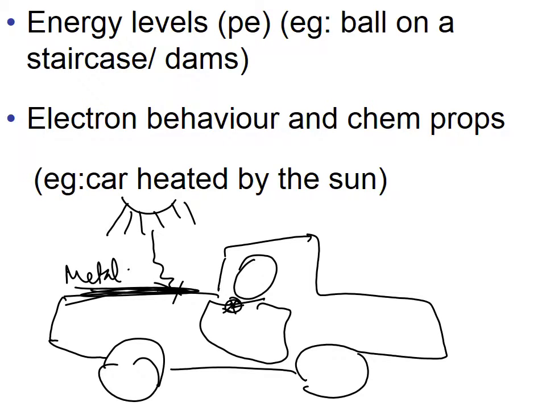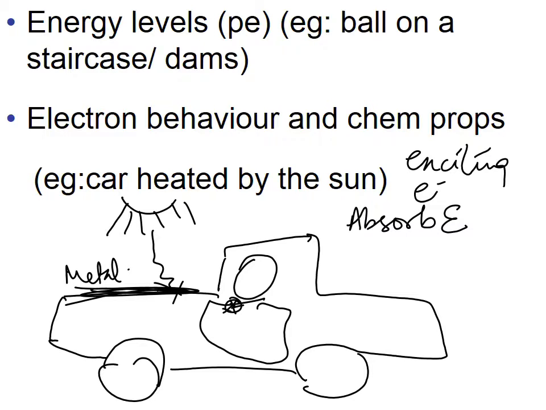It's heating it up. Once it is heating it up, it is exciting the electrons. So the electrons absorb energy. Once they absorb energy, they get excited and they move out of their orbital.